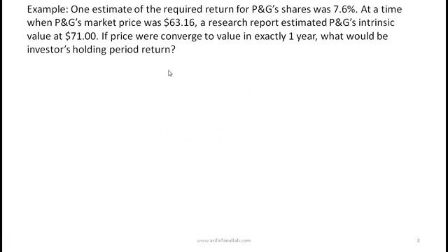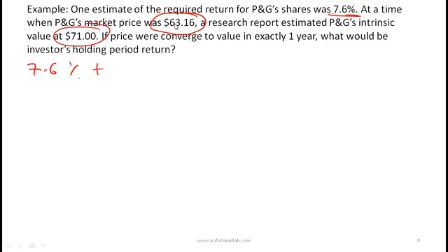So let's just look at this example. Now you have been listening to me for a while. Let's see if you can do this problem. This is pretty straightforward. What are the two sources of return? One is the required return based on the riskiness, 7.6%. Plus what? Plus if this mispricing corrects.